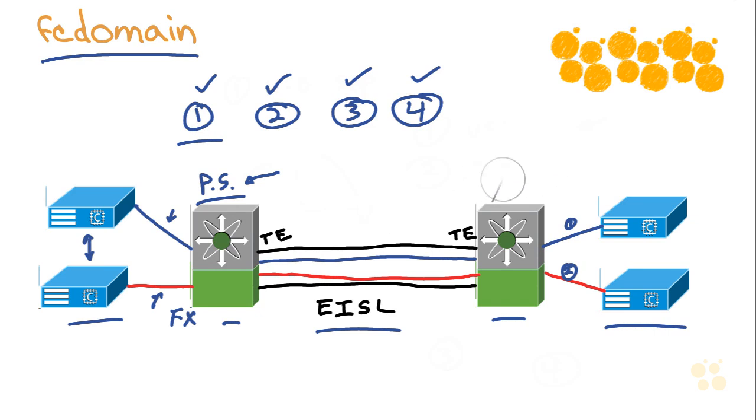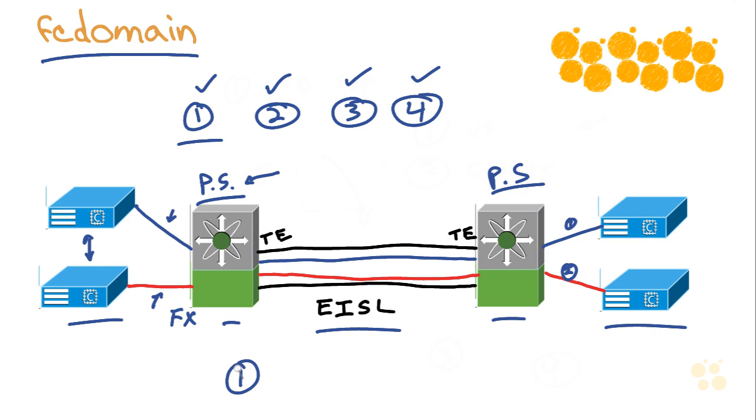So think about it. We are merging fabrics. We would have a principal switch from one fabric and a principal switch in our existing fabric. What's going to happen then? Well, the election of a new principal switch is going to follow some rules. Step 1.